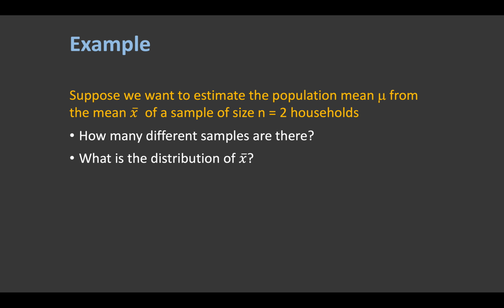How many different samples are there? And what is the distribution of x bar? Please pause the video and take a few minutes to think about it. See what you think the samples will be, and what the distribution of x bar is.